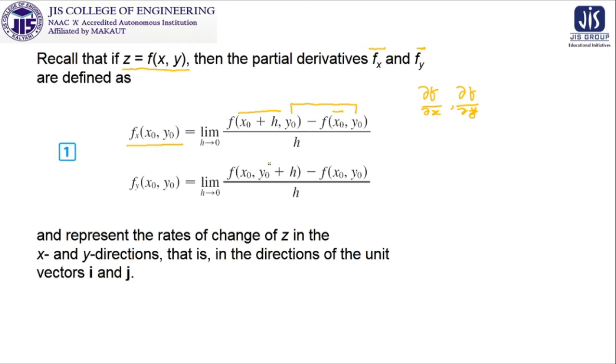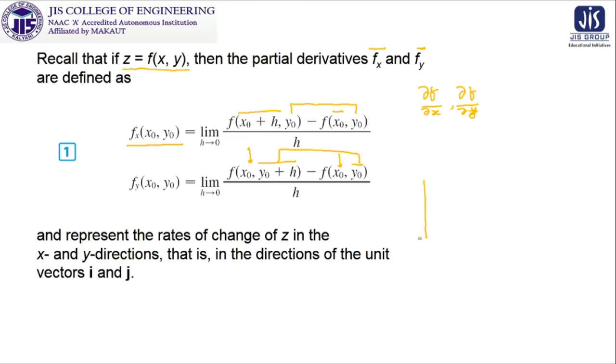And vice versa, if you consider the change in y only and the x part remains the same, then it is called partial differentiation with respect to y. And these represent the rates of change of z, z meaning the function itself, in the x and y direction.